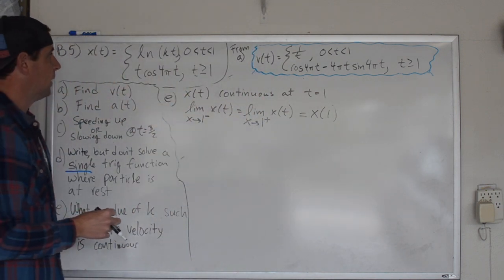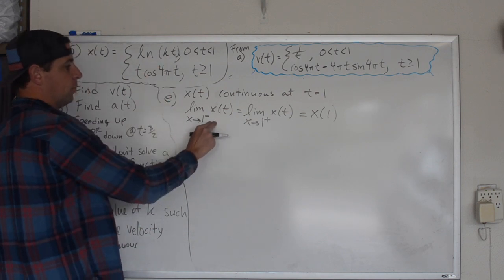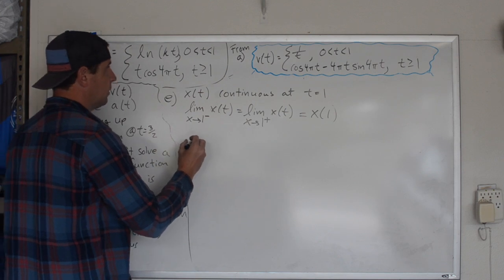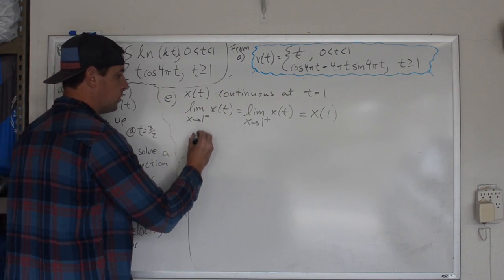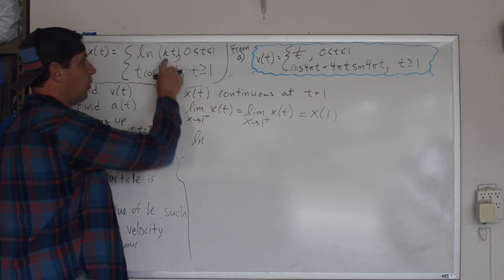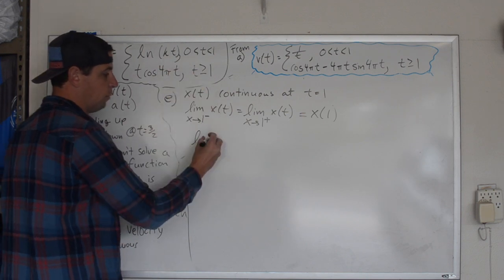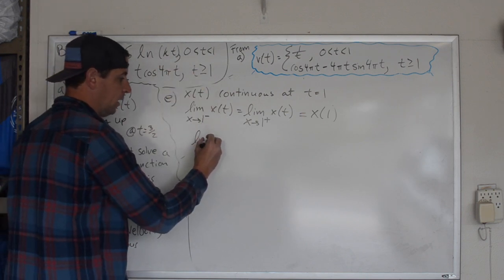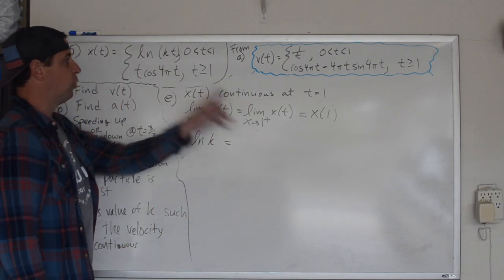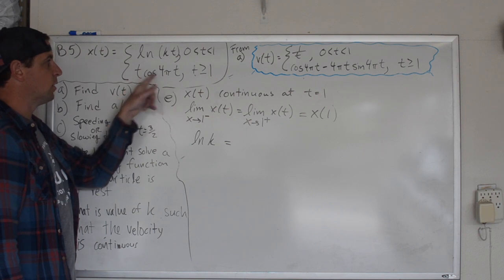Okay? So in the first one, the limit as t approaches 1 from the left of x of t would be natural log. We could try direct substitution here. We're going to put 1 in here. So natural log of kt would just be 1 times k, so this is natural log of k, equals the limit as we approach 1 from the right, which means I'm using this function, so I'm putting 1 in for t here and here.